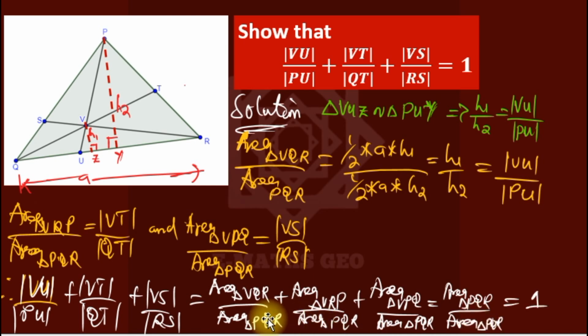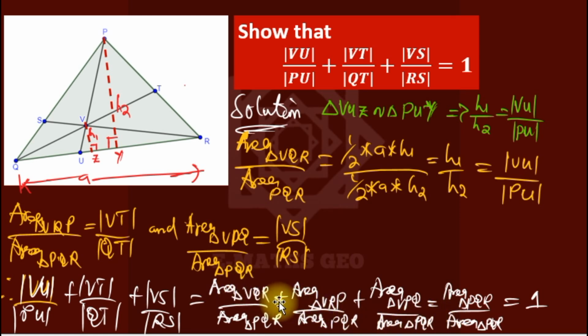This is equal to 1. Do you know why? If you notice, the three have the same denominator, the area of triangle PQR. So the numerator is the area of VQR plus the area of VRP plus the area of VPQ, because we have the same denominator.